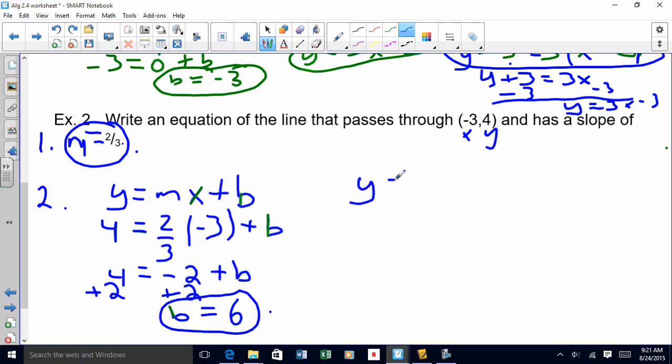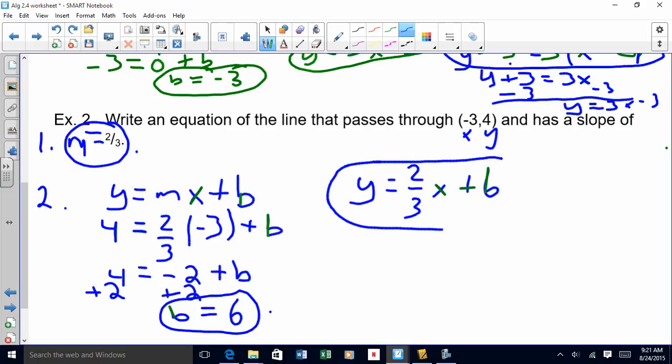Y equals 2/3 for the m, x, and then plus 6 for the b. And that would be our equation in slope-intercept form.